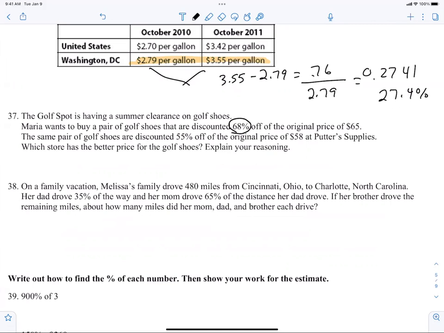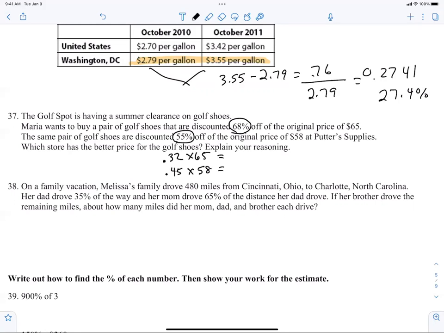What percent? 32%. So I need everybody to write down 0.32 times 65. And on the other one, if you get 55% off, that means you have to pay what percentage? Thank you, Aiden, 45%. And those shoes were $58.